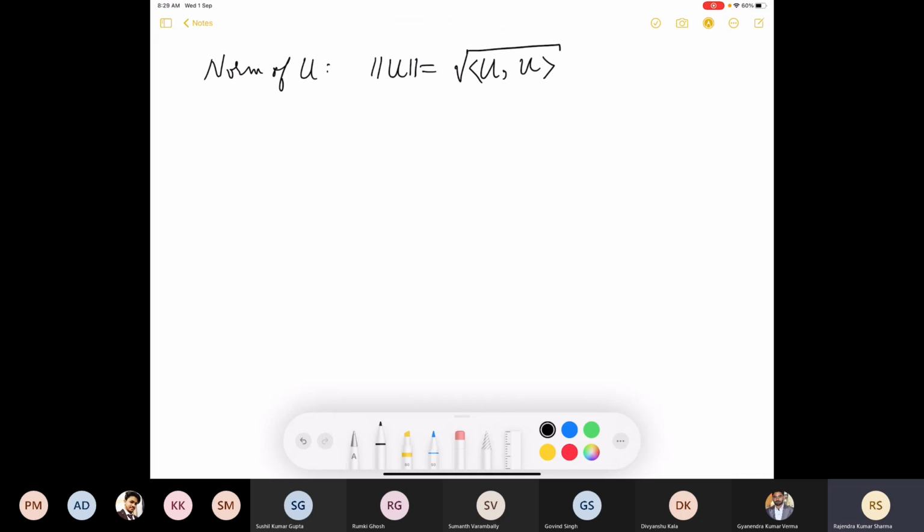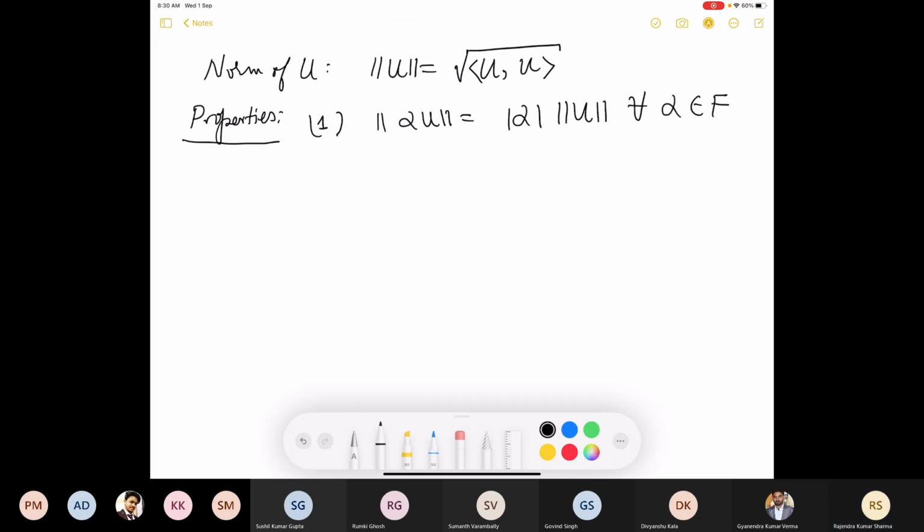Okay, now some properties one can see easily of the norm also. Some properties that are easy to see are as follows. Number one, you can see that the norm of alpha u is mod alpha times norm of u for every alpha in F. F is R or C, please remember.